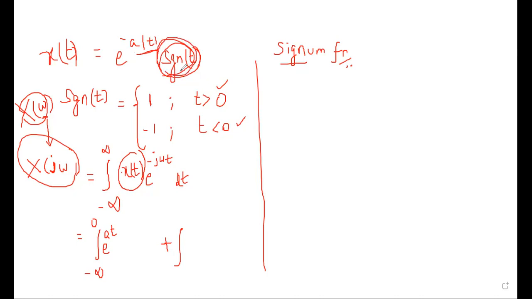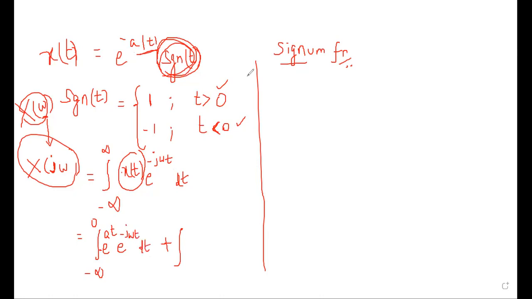So the signum function here I have to consider for t less than 0. For t less than 0, what is the value? It is minus 1. So my complete term is minus e power plus at. Any doubts in this? Which is multiplied with the formula term e power minus j omega t dt.